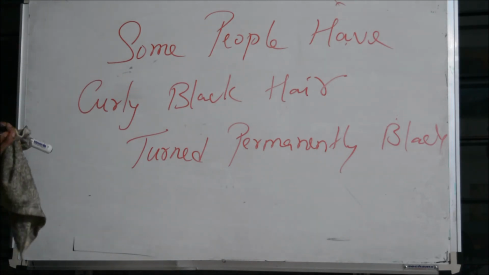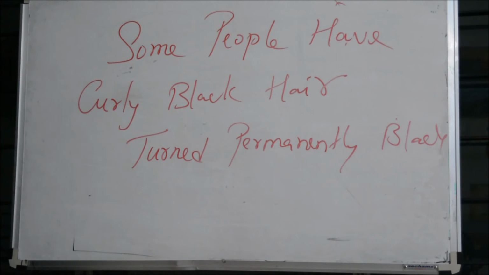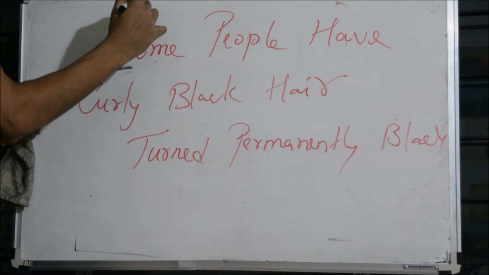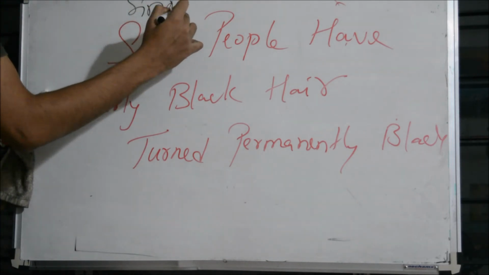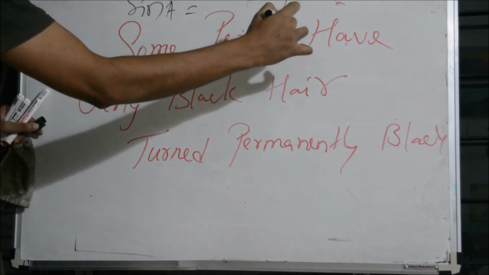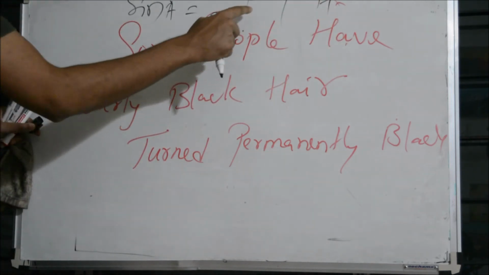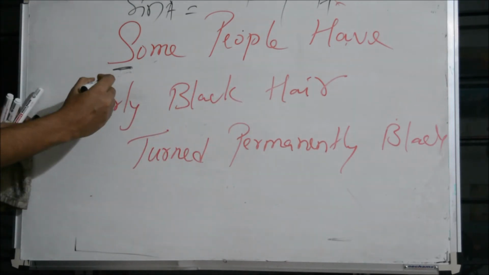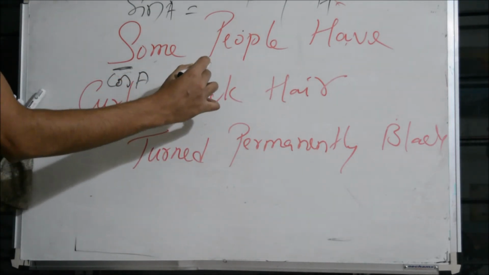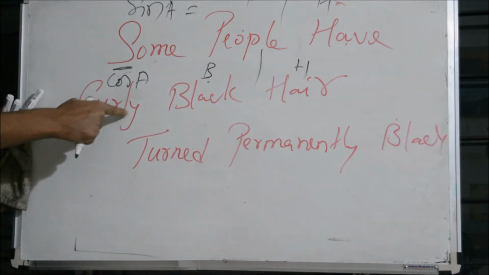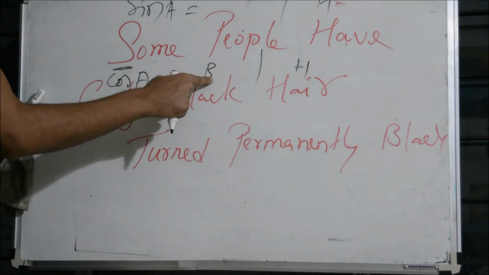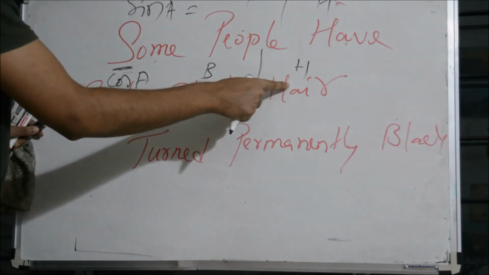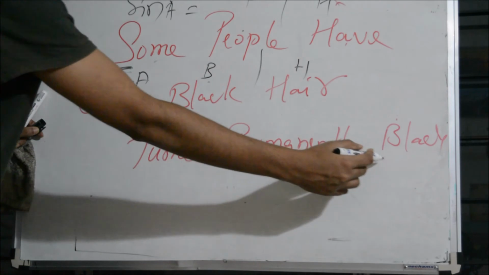See, some people have, that means we will just see the first term, S as for sine. Sine of angle A is perpendicular by hypotenuse. Some people have curly black hair. Cos of angle A is equal to base by hypotenuse. And lastly, turn permanently black.